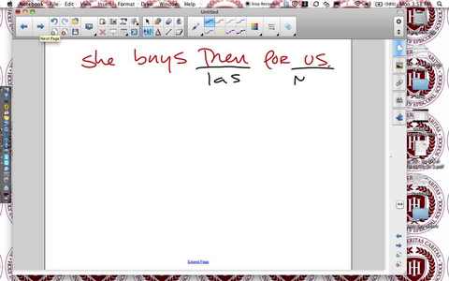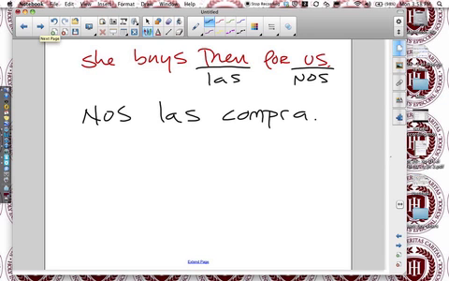The indirect object pronoun is going to be nos, so we simply write it nos las compra. However, we don't need to change anything here because we do not have the double L. So nos las works. Okay? I only change it if I have double L's. That's when this would change to se. In this example, it doesn't, and we are okay.